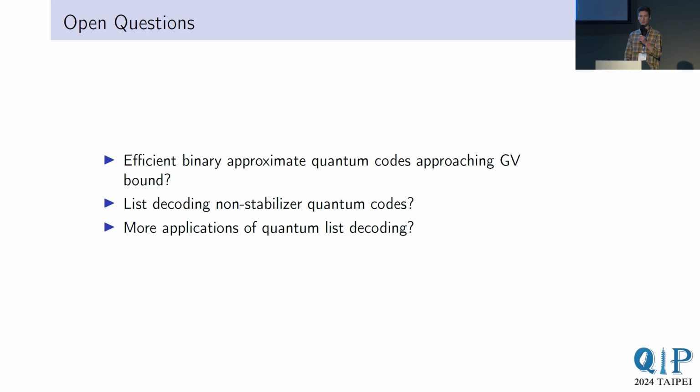I think we looked into this at one point, trying to see if there's some connection between quantum pseudorandom things and quantum list decodable codes. I don't think we were able to find any connections at the time, but I think it would be a little surprising if there weren't, given how strong the connection is classically. So I think it's a really interesting direction.